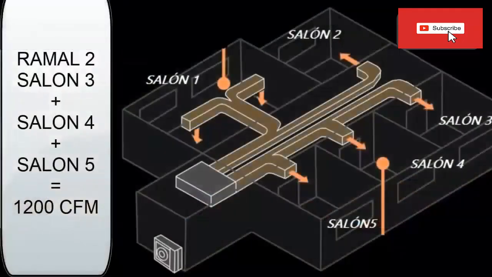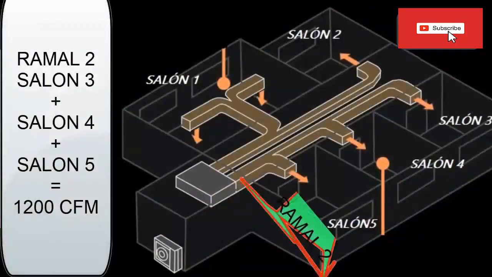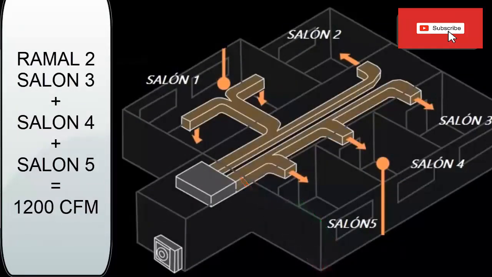For the other branch, there are 3 rooms, 1 refrigeration ton each. Therefore, 3 tons of refrigeration are needed, which multiplying by 400 cfm, gives us a value of 1200 cfm. The total amount of air required will be 2400 cfm including both branches.